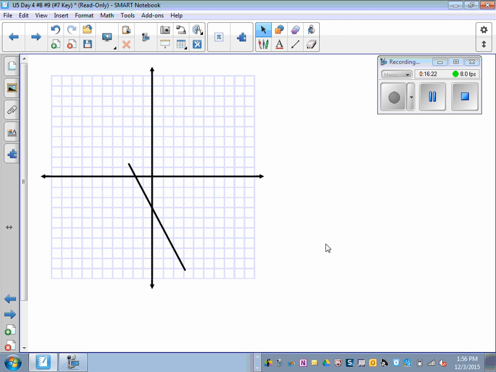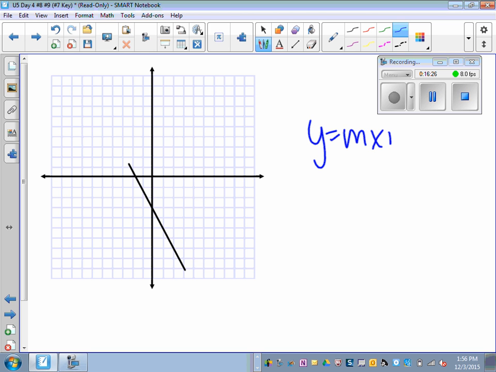Alright, so again, y equals mx plus b. Find your slope. How do I find my slope, Louise? Rise over run. So let's pick two very nice points that intersect perfectly. This one.